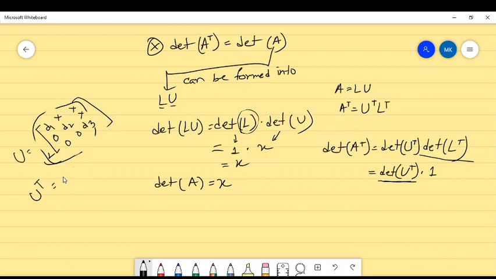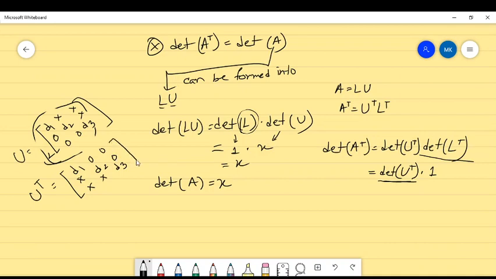If you transpose this matrix, we get d1, 0, 0, then some element, d2, 0, and some elements, d3.